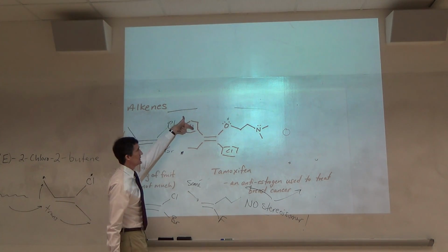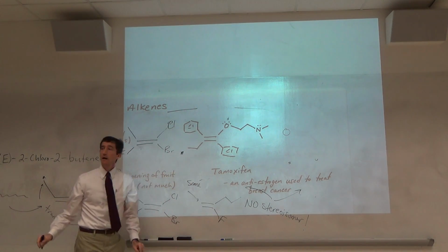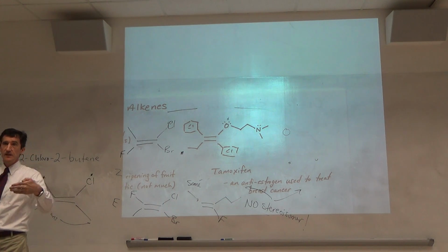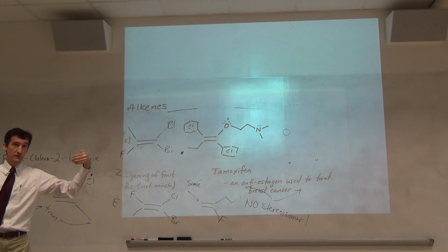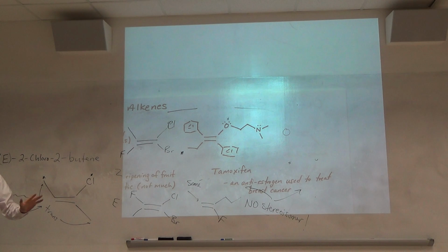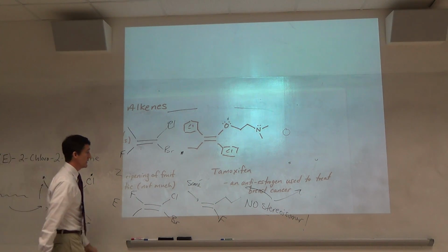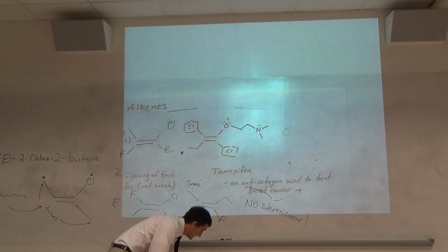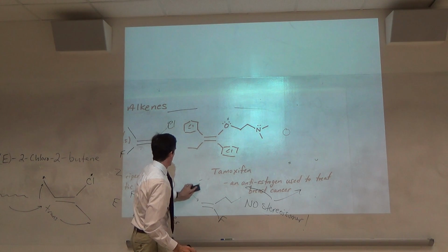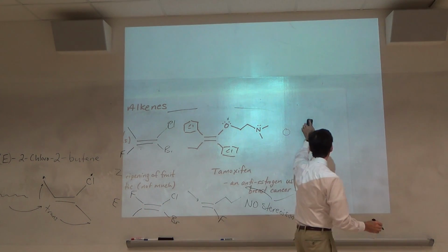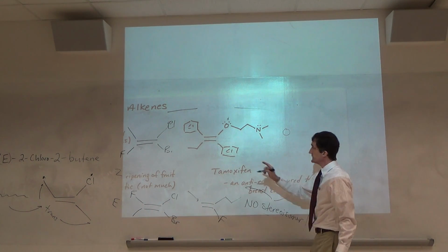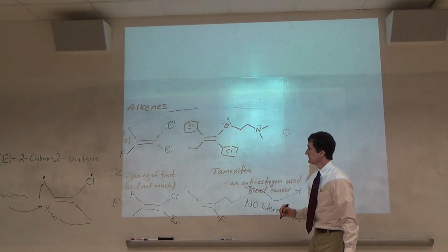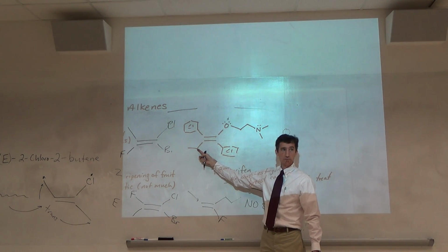Question is, how do you deal with it when it's carbon and carbon? If the first atoms are the same, you look at what's bonded to the carbons. Not everything, just what's directly bonded. And you list these in priority themselves. What's bonded to the first carbon? What's bonded to this carbon?